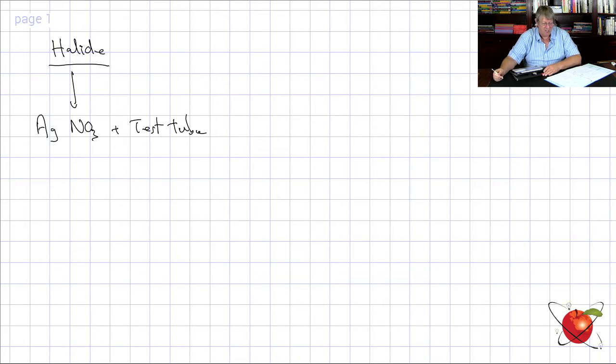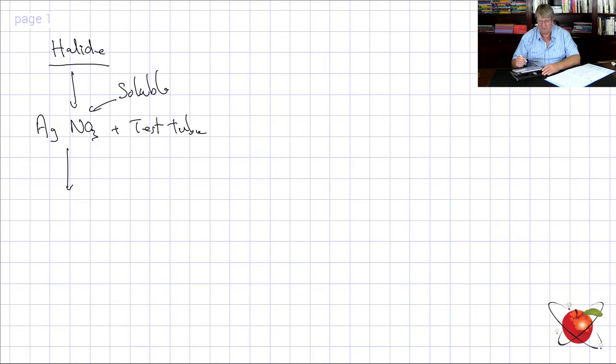Now, if there's a halide present in here, the silver is going to link up with one of the halides.